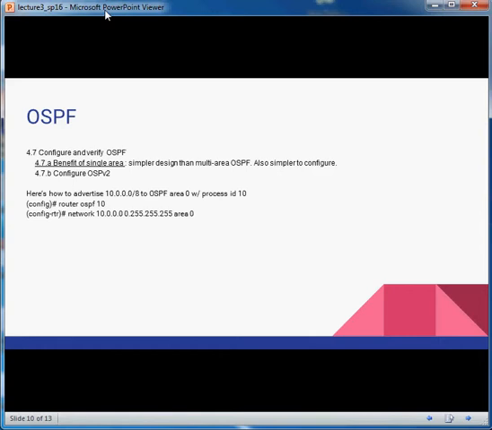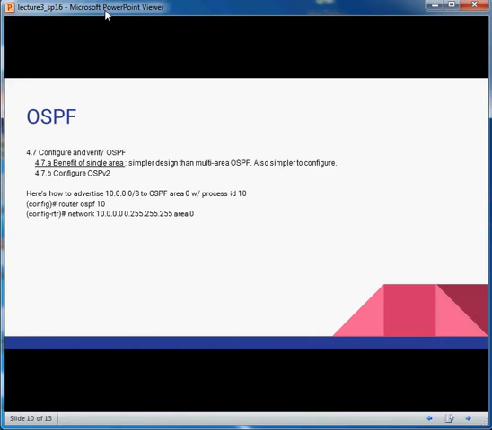With OSPF, the base network is area 0. That's your main backbone area. If you're talking about a single area OSPF configuration, you're talking about area 0.